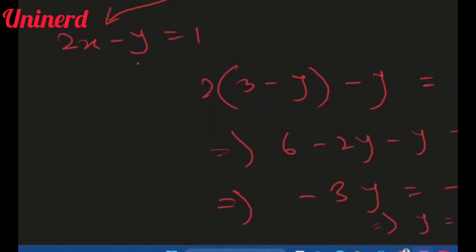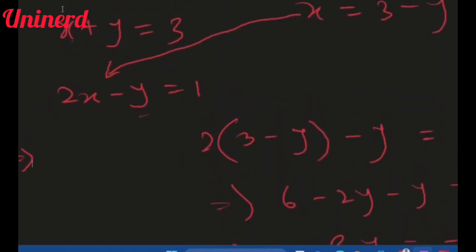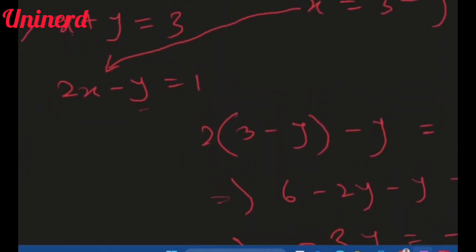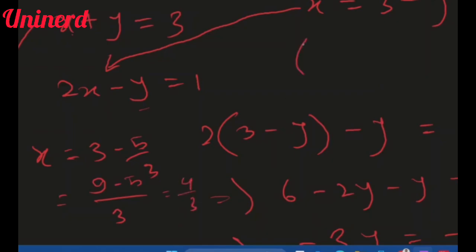If we replace y here, then x will be 3 minus 5 by 3. That will be 9 minus 5 over 3, which is 4 by 3. So the answer will be 4 by 3 and 5 by 3. This is the solution set of this system.